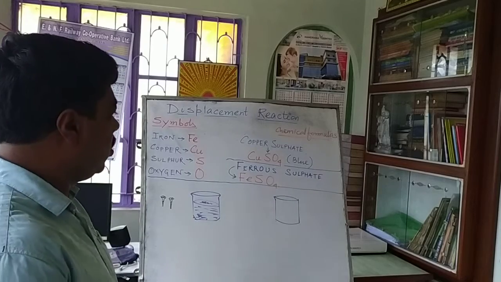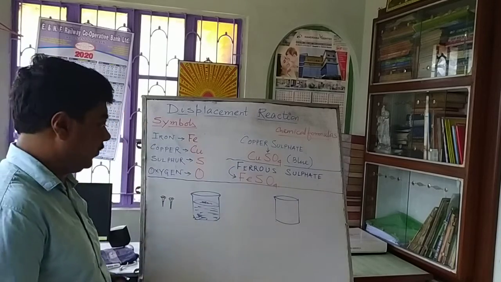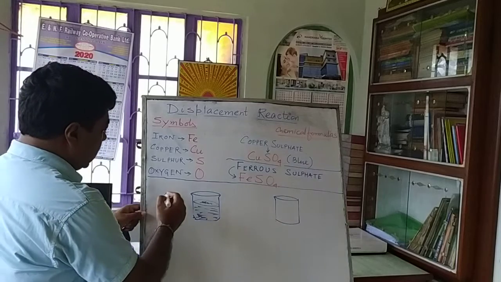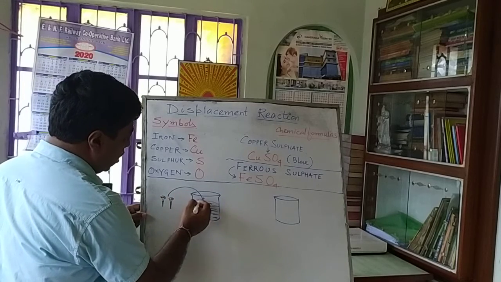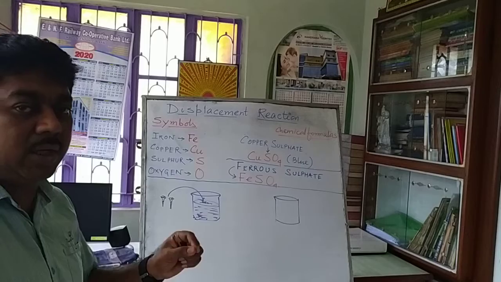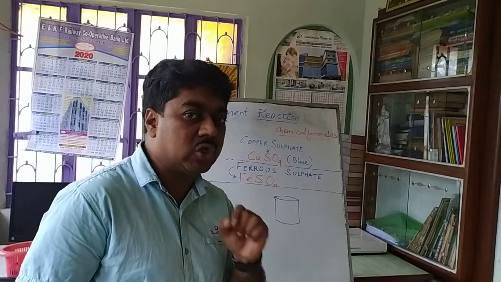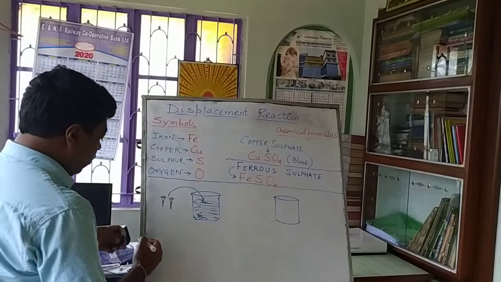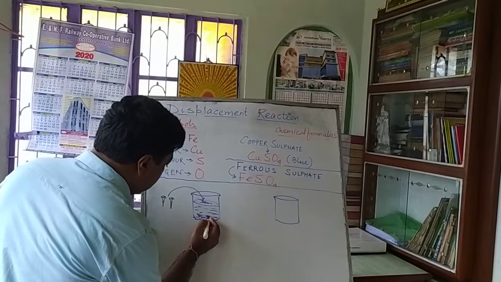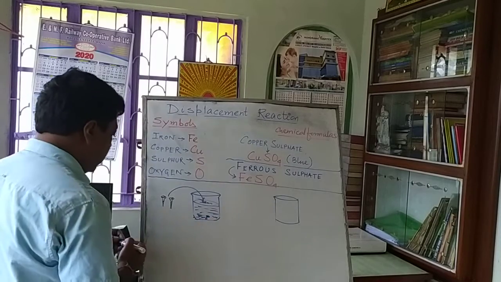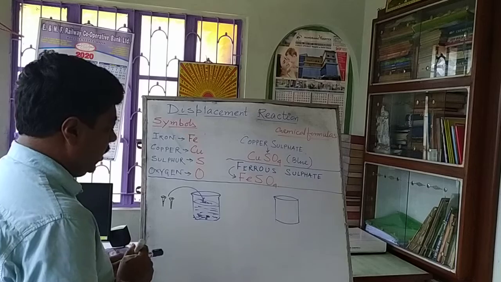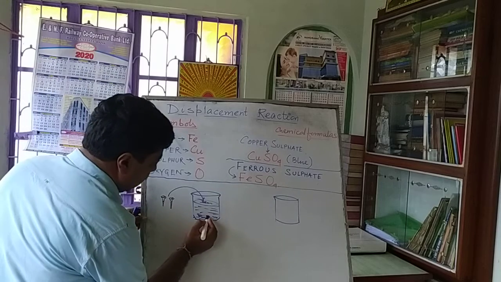Now what to do to proceed with the displacement reaction? These iron nails we have to put into the beaker containing the copper sulfate solution. When we put the iron nails here, they will dip inside the solution.